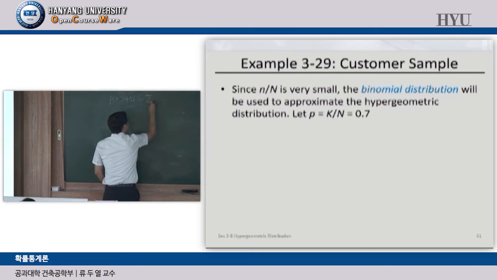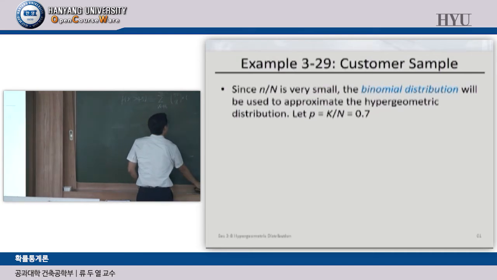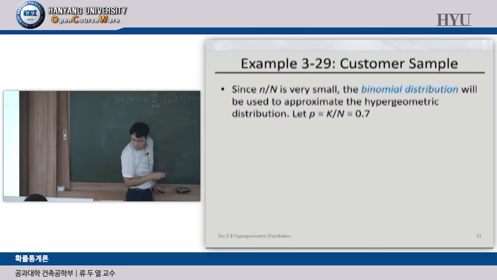That should be the summation of X from 46 to 50 of 50 choose X multiplied by 0.7 to the X power multiplied by 1 minus 0.7 to the 50 minus X power, right?